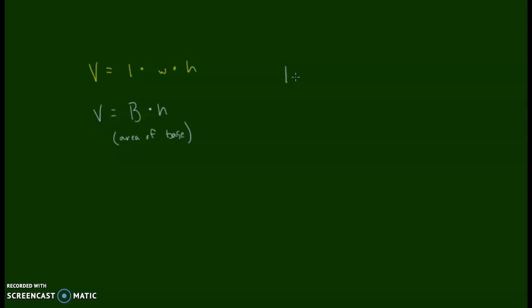So 1 centimeter cubed is the same as 1 milliliter. The centimeters cubed is going to be used more often for solid objects, and the milliliters is going to be used more often for liquid. So keep that in mind when you're answering the questions on your home link.